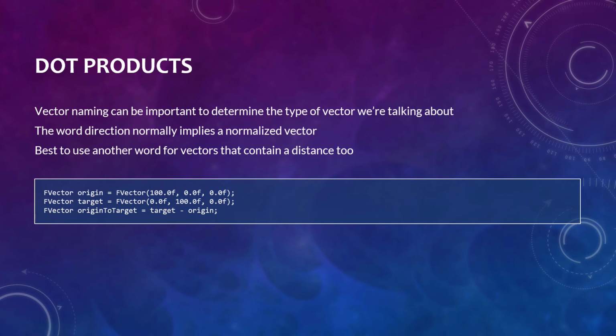If we had named it target direction for example, then the naming would imply normalization. There's nothing enforcing this though, of course, and you should just consider it part of your coding standard. A lot of what a coding standard is removing ambiguity. And one of the things you'll learn as you get deeper into the industry is that the code that you write often lives a lot longer than you think it will at the time that you write it.